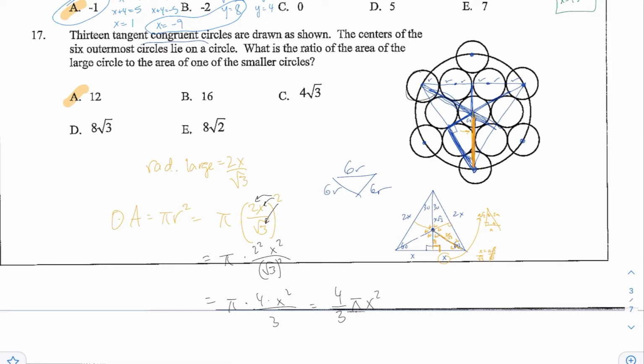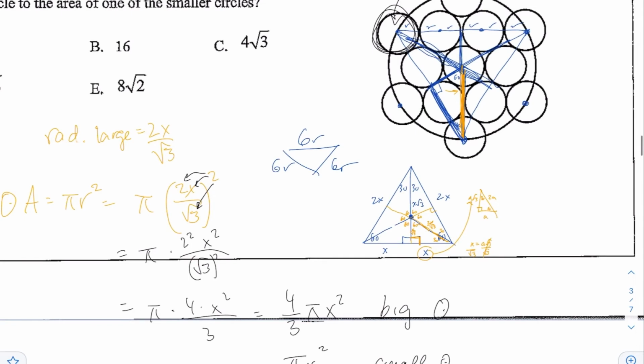Whereas for the smaller circle, the radius of r, the area is just pi r squared. So the big circle is 4/3 pi x squared. For the small circle, it's just pi r squared, or pi x squared in this case. And here you actually have to find the relationship between x and r.